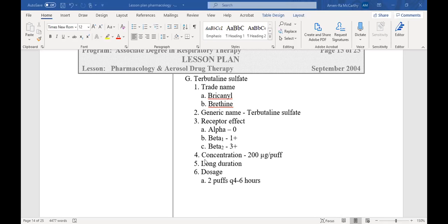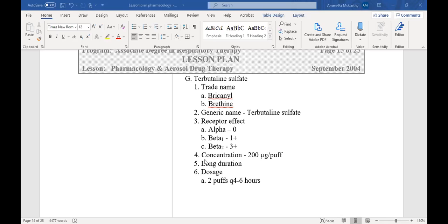What are the receptor effects of terbutaline? No alpha, +1 beta-1, and +3 beta-2. So it's pretty close to albuterol, it just has a little less bronchodilation. Albuterol is 1 in 4, and terbutaline is 1 in 3.